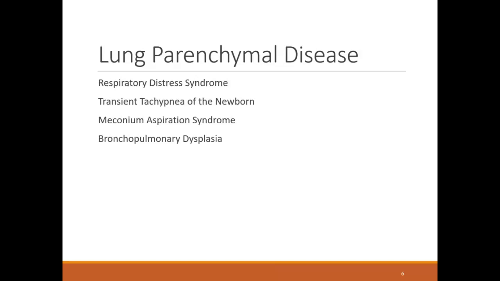Okay. And then, as you're going to understand from NRP and PALS discussions, a lot of disorders for younger children really have a lot of effects on the respiratory system.